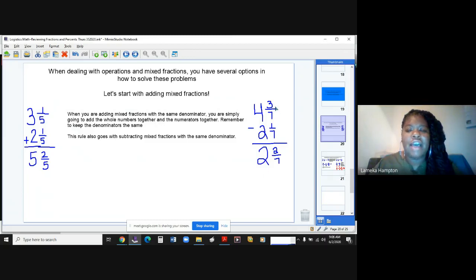And then you have 3/7 minus 1/7, which is 2/7. So again, you're separating the whole numbers and adding or subtracting them, and then you're going to take that same operation and do the same thing with your fractions. Okay.